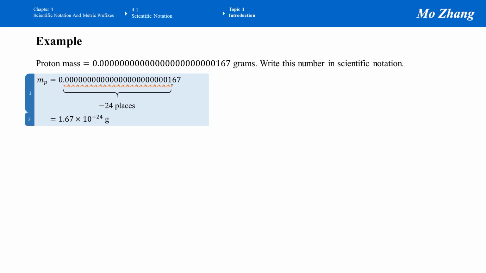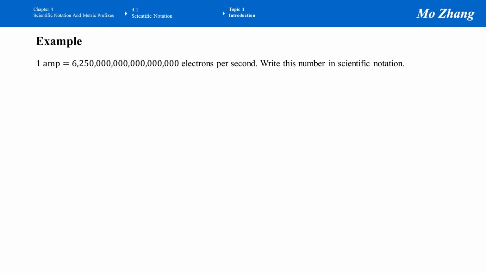Here is another practical example. 1 ampere, 1 amp, equals this large number. So we want to convert this number to its equivalent scientific notation. Obviously, this number is not in scientific notation yet. For its correct scientific notation, the decimal point needs to be after 6, right? It should be 6.25.